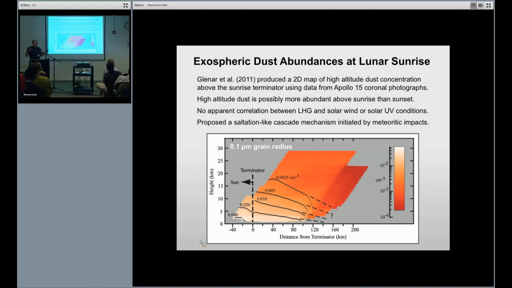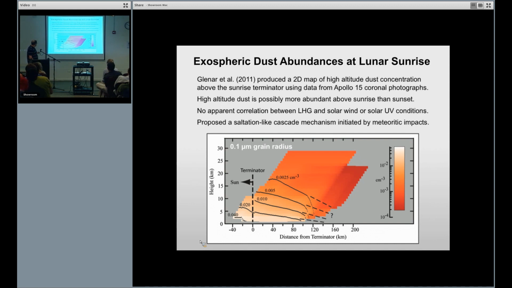That would decrease the velocity of the dust, but potentially increase the concentration. So kind of like a third mechanism, I guess.